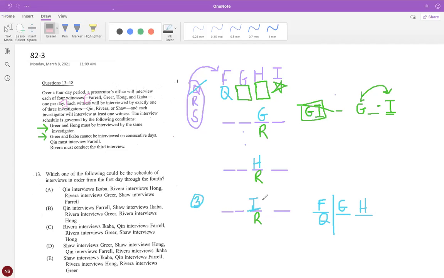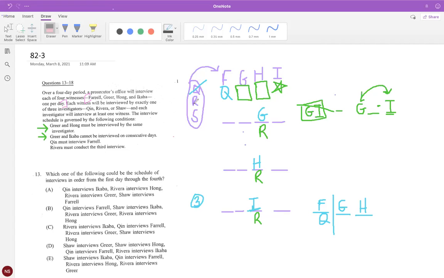But in world 3, we have R interviewing I. So whenever R interviews I, can R also interview G and H? No. Why not? Because G and I. Well, because we have 3 people that do interviews, right?